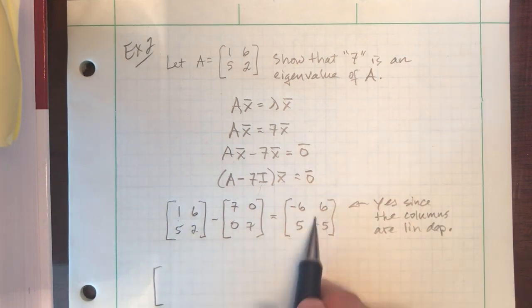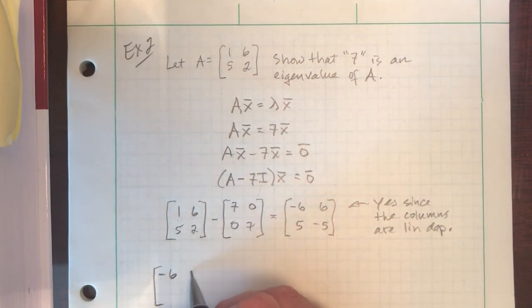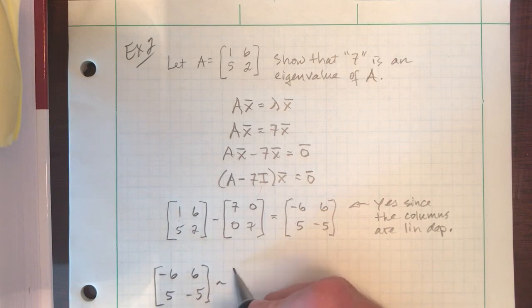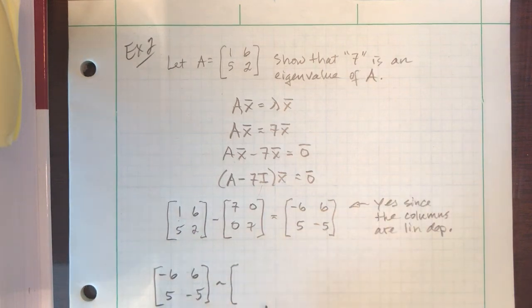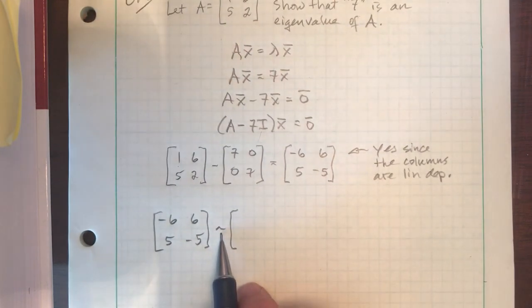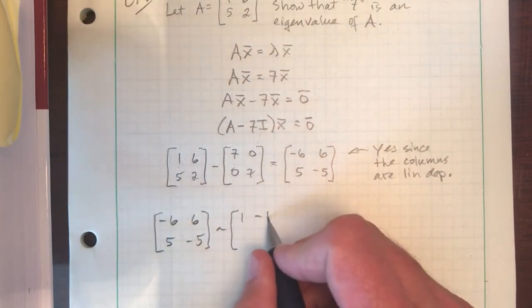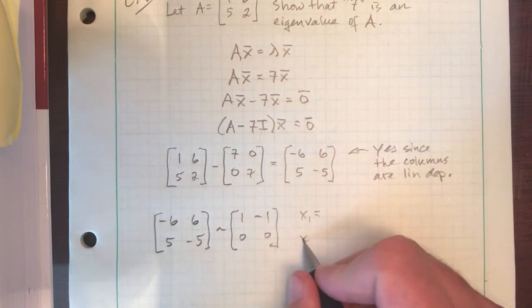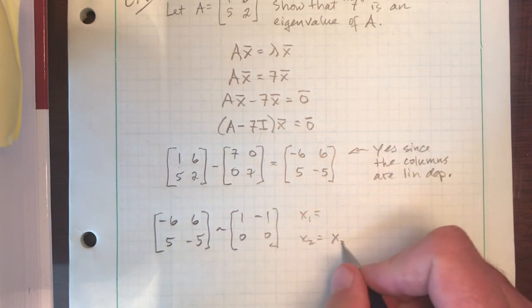So if we take this new matrix, which again is not the original one, but it's what we're going to use to find an eigenvector, that tells me we're going to row reduce this. You'll find quickly we get this. If I call out my two variables, the second one is free.